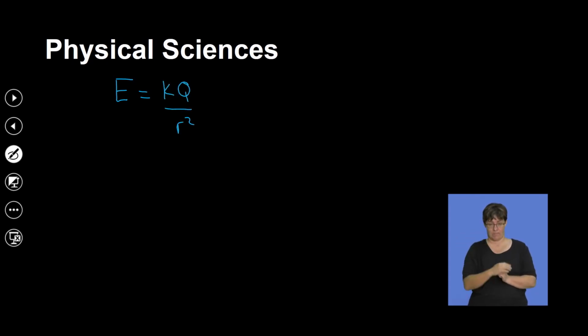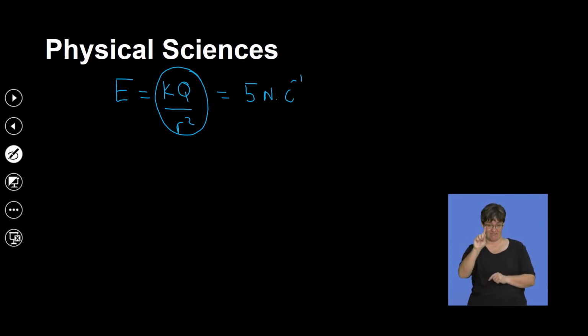We are told that it's equal to 5 newtons per coulomb in magnitude. What is important is to understand that E and the distance are inversely related, or E is directly proportional to the reciprocal of the square of the distance.